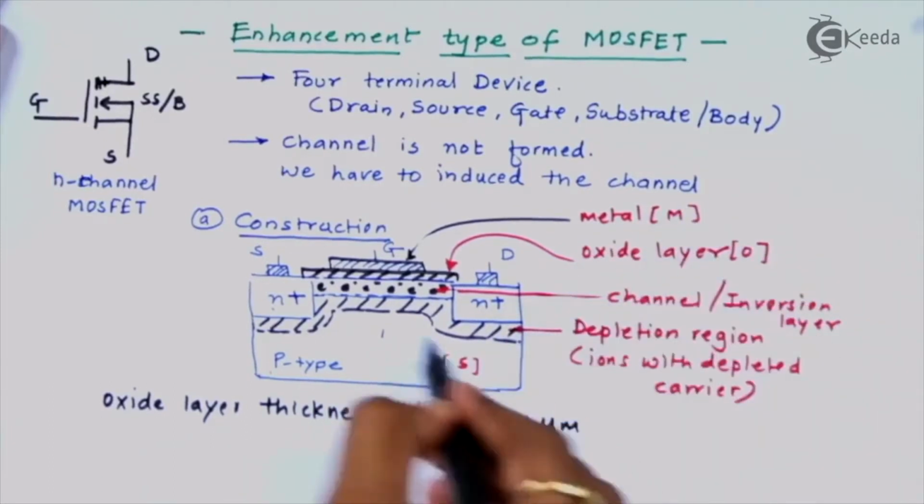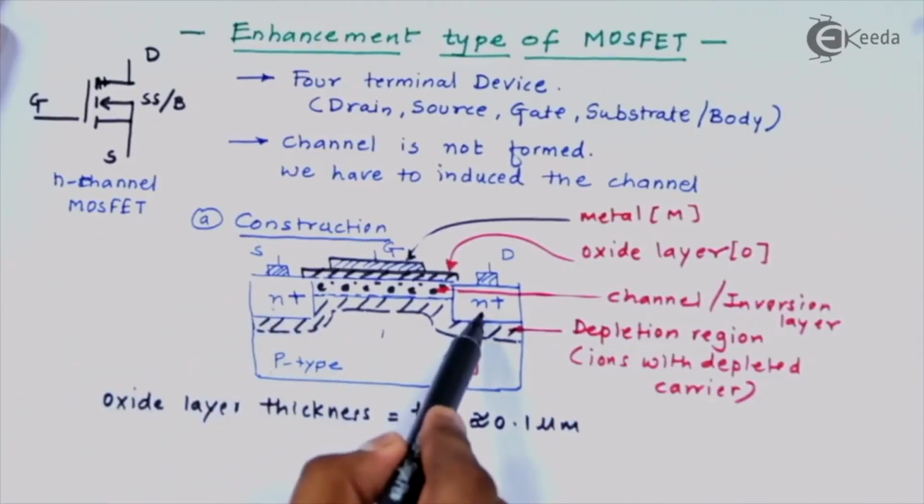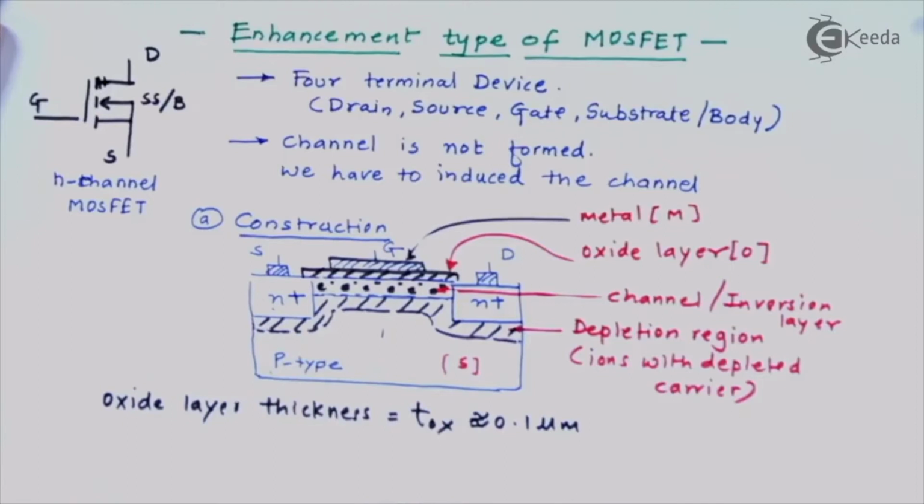So M, O and S form your MOS structure, and here on the sides, whatever I have doped is nothing but your source and drain, okay. Fine. So as far as construction is concerned, that is completed.